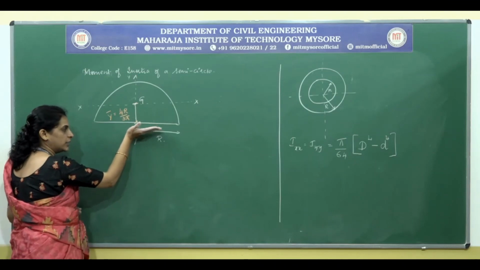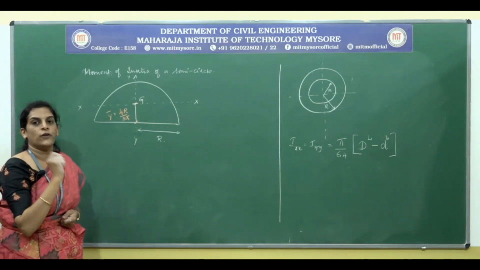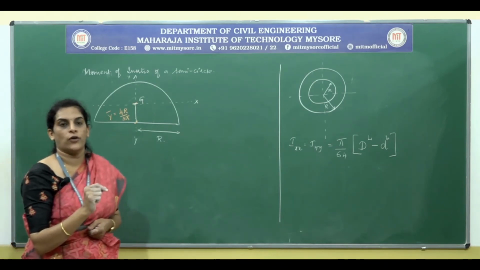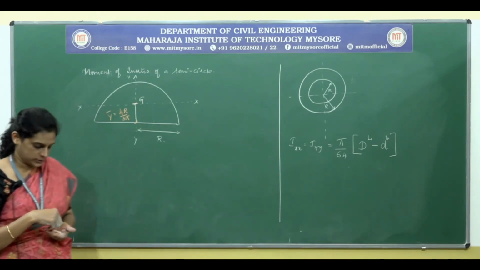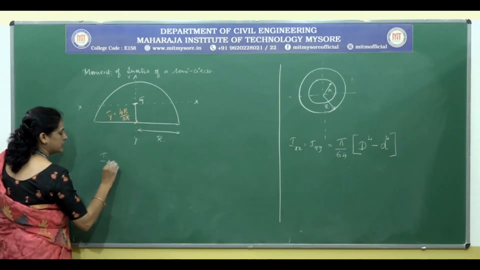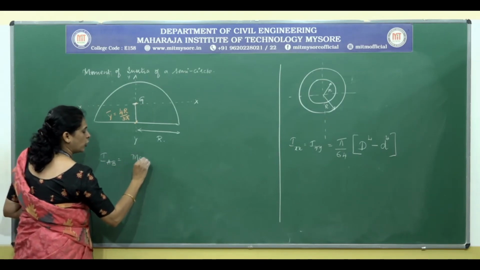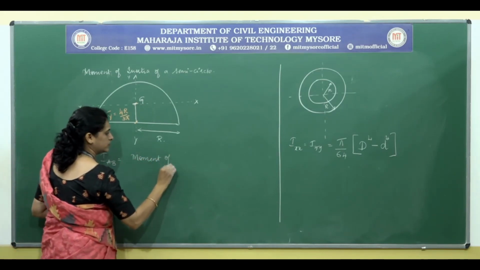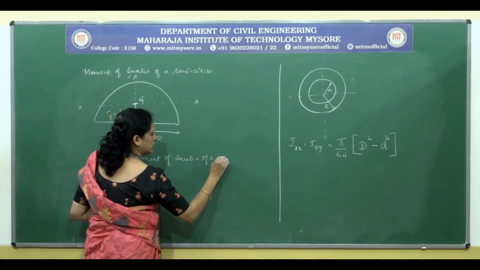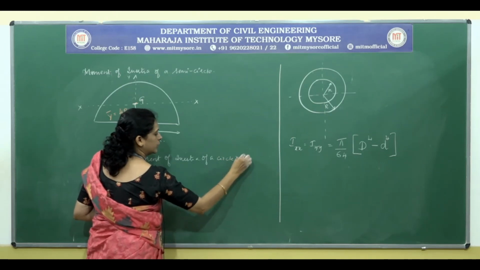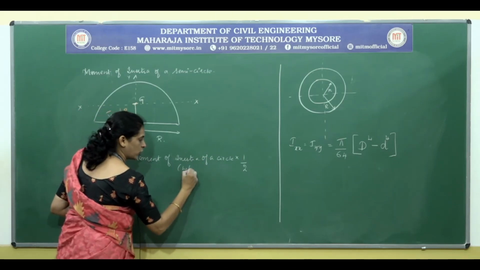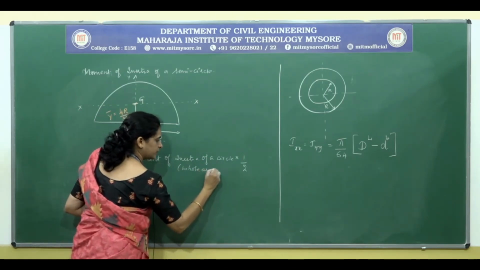Since this is a semicircle, we write the moment of inertia of a semicircle as half of the moment of inertia of the regular circle. So, IAB is equal to moment of inertia of a circle into half. What is the moment of inertia of a circle? That is for the whole area.